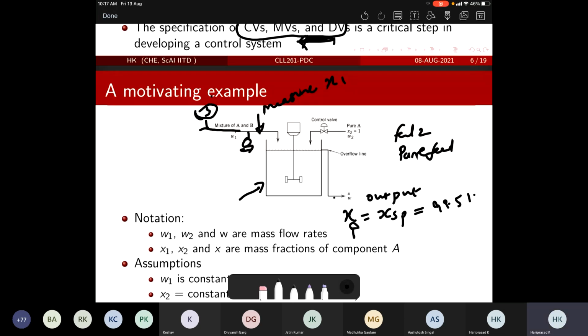Then you know the inlet variability. So this is the inlet. Now you will still be able to understand the variability of the inlet, and you can do a control on your pure feed. This is another option. Okay, this is a bit cost effective option.